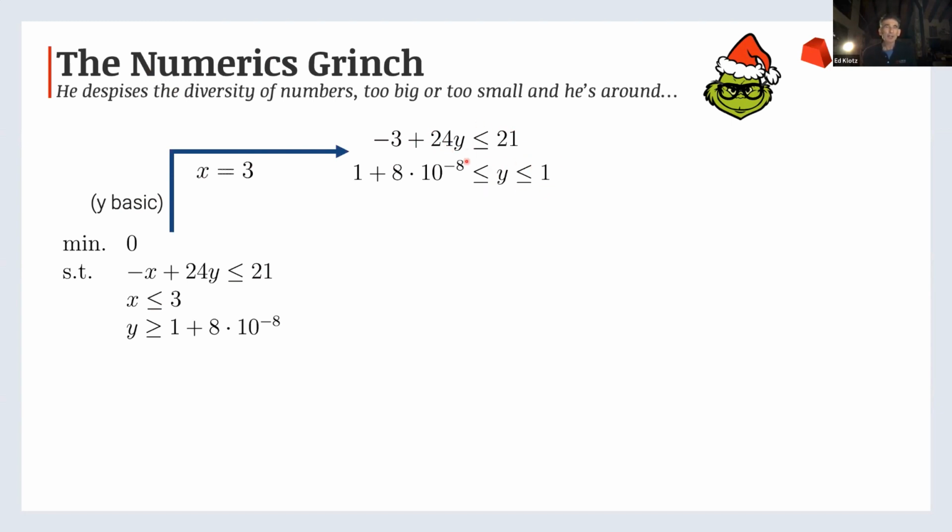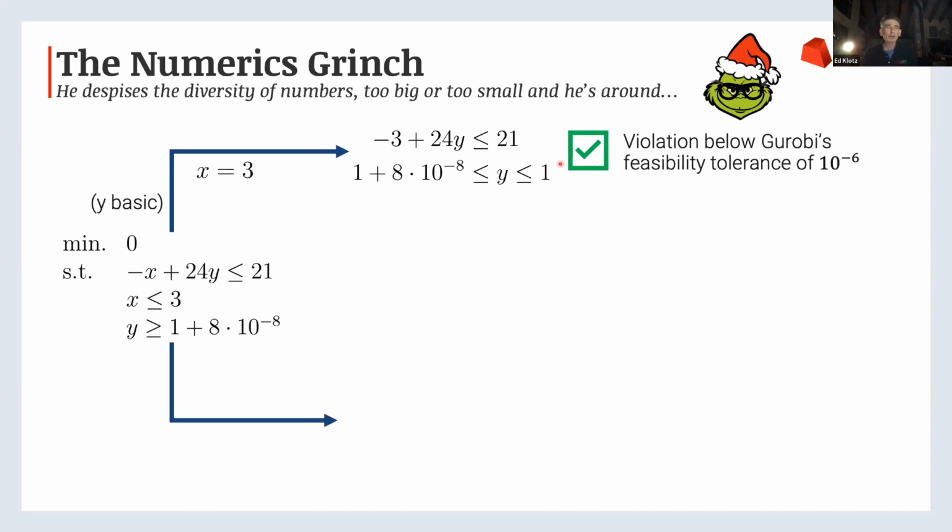However, we have this lower bound of y from the original problem of 1 plus 8 times 10 to the minus 8th. However, that is a violation, but a violation within Gurobi's default feasibility tolerance of 10 to the minus 6th. So this basis indicates the model has a feasible solution.